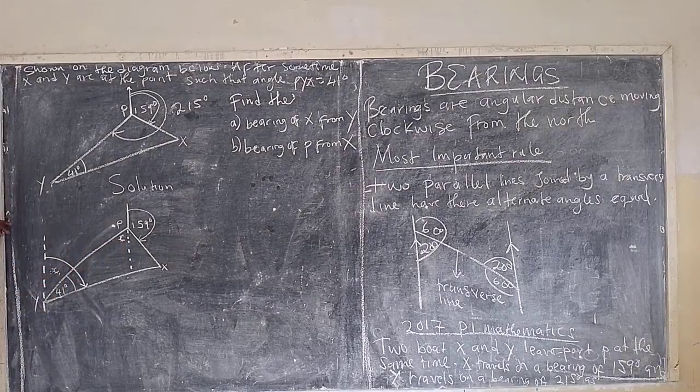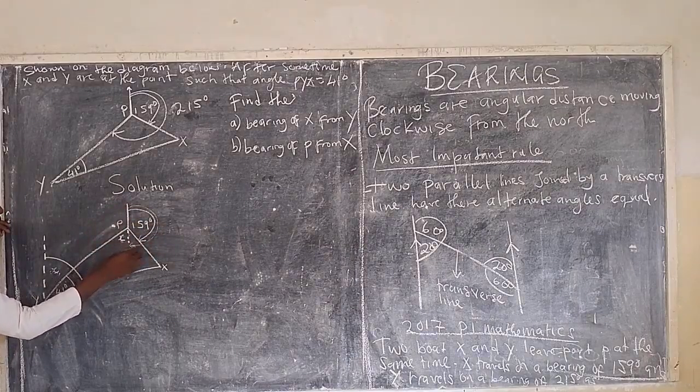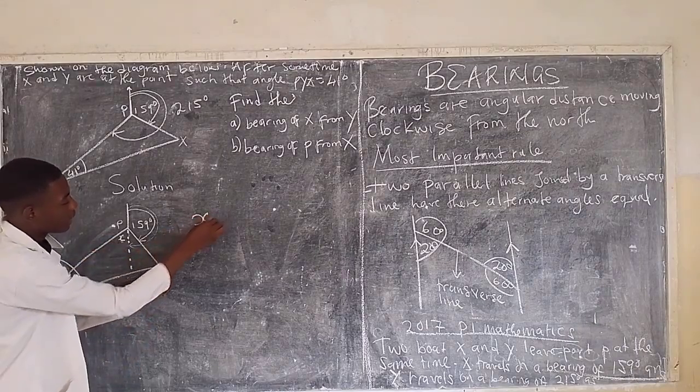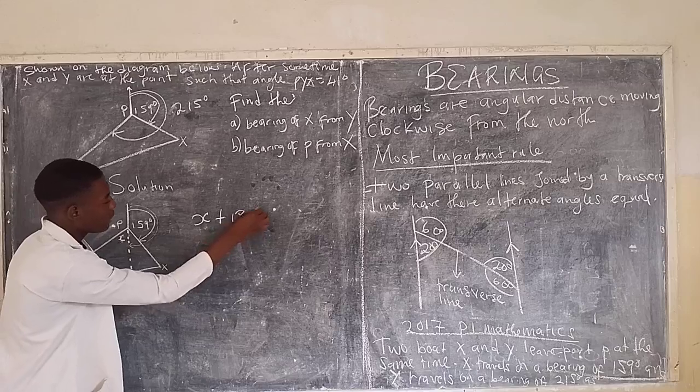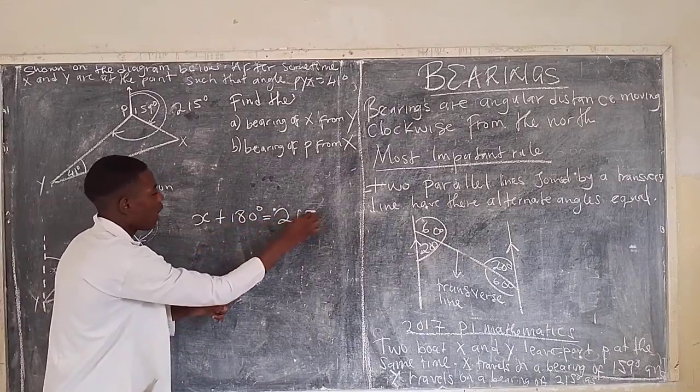Therefore, we need to find it. So what are we going to do? We are going to find the angle that is here. Since we have extended this, this one becomes equal to 180 when we draw an angle up to here, since this is a straight line. So to find X, we can say X plus 180 degrees should be equal to the sum, which is our 215.